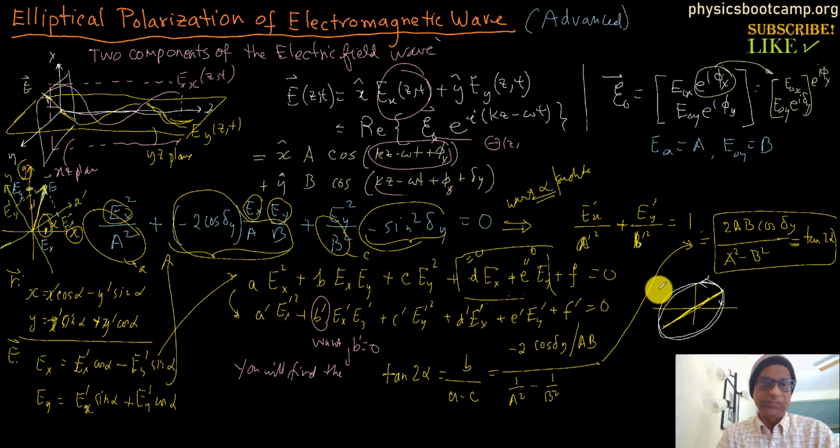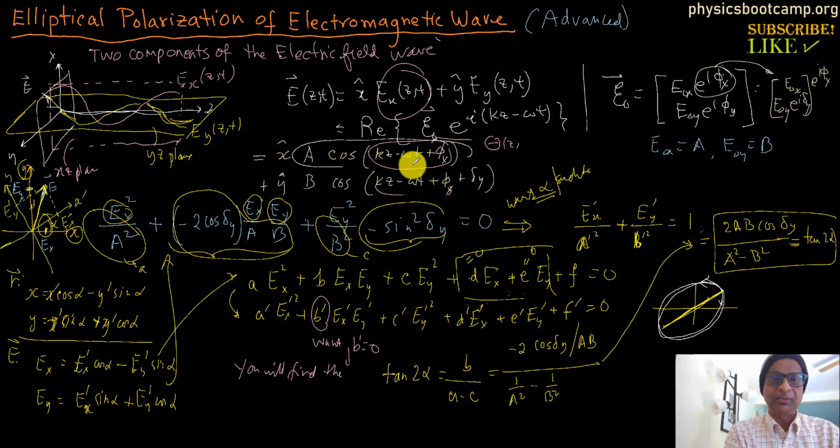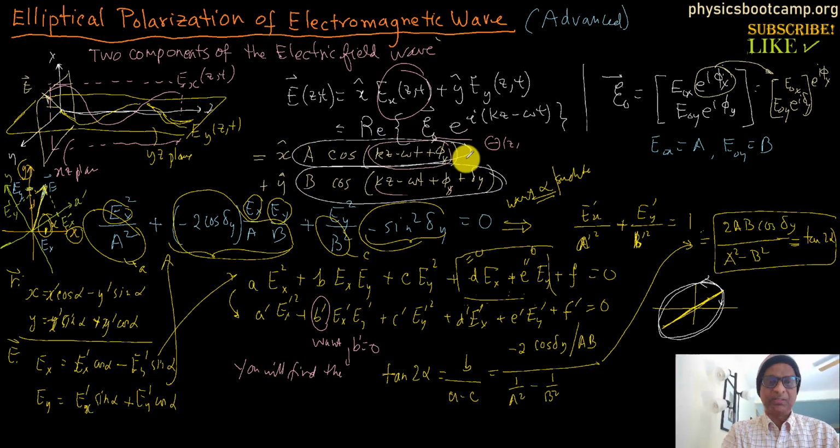Okay, so this is very interesting, that we can actually get out from this and this, processing the way I did, the angle by which you have to rotate, and you get the direction in which the ellipse is pointed with respect to the original xy direction.